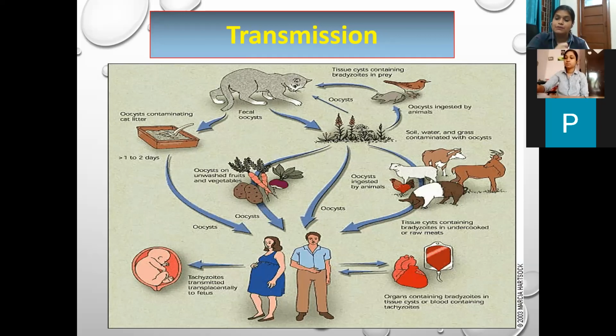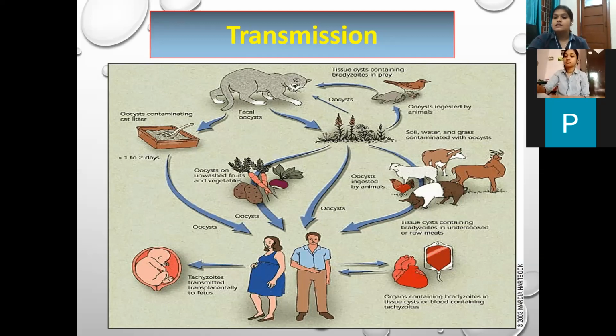After several generations, they multiply by gametogony and form male and female gametes, and ultimately form the oocyst.